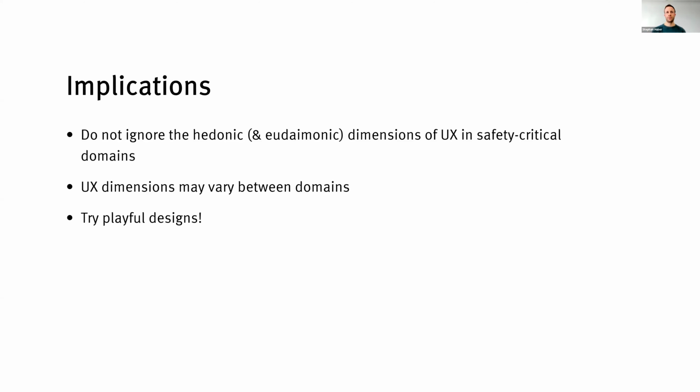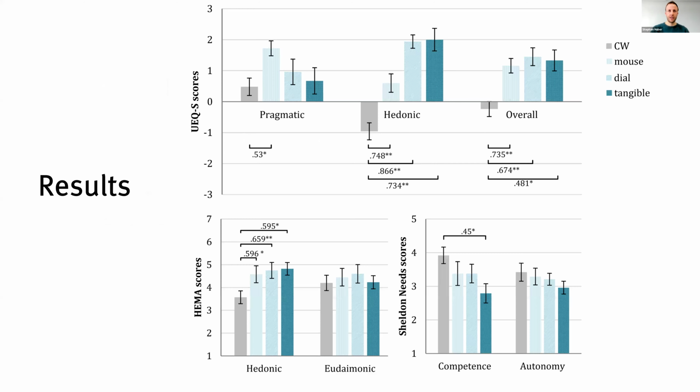For instance, Grundgeiger and colleagues assumed that the eudaimonic dimension would be higher than hedonism in the safety critical domain of healthcare. However, just going back one slide, this is not even descriptively supported here. They are rather on par.